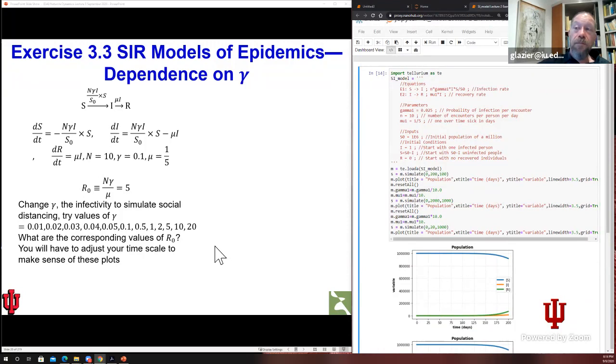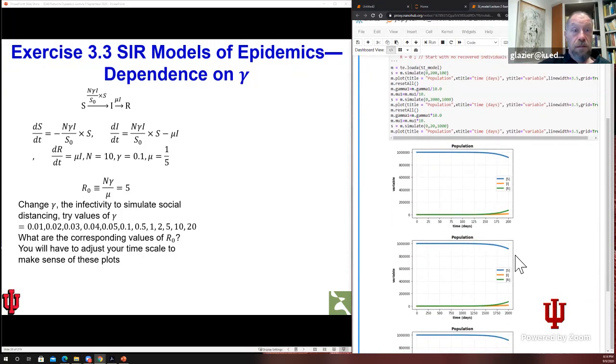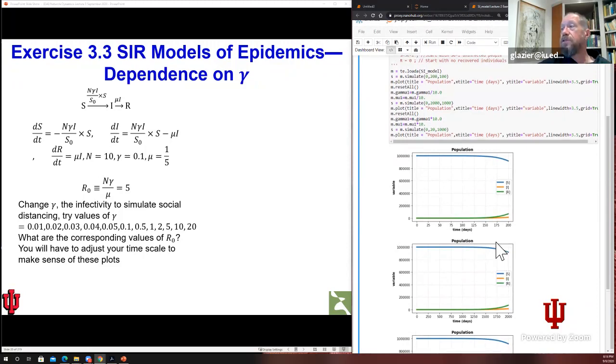And I make a comment here that you may have to adjust your time scale so you can see what's going on. Sometimes it's slow, sometimes it's fast.